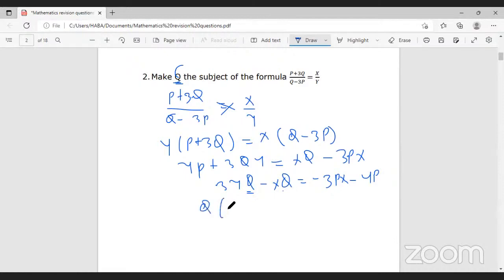So we have Q, and we remain with 3Y minus X. And then this side we can as well factorize out a negative, so that we have it as 3P plus YP. I've taken the negative outside, so that is why these inside ones have changed to positive.